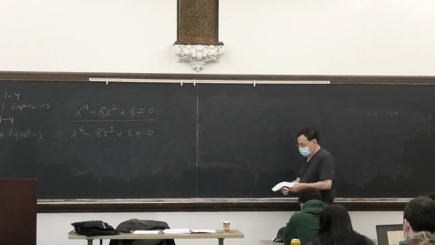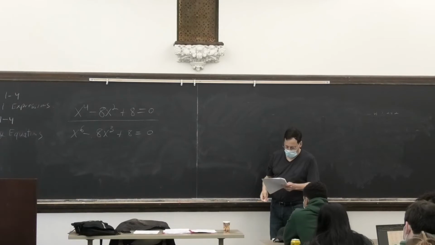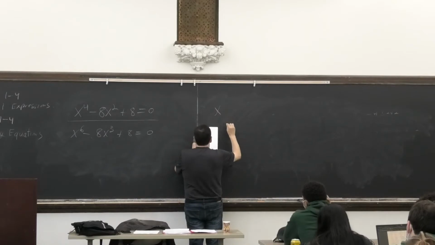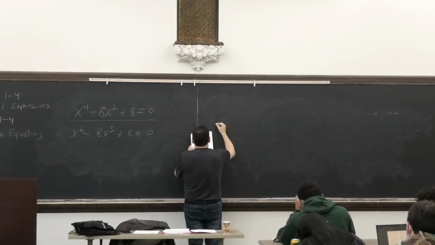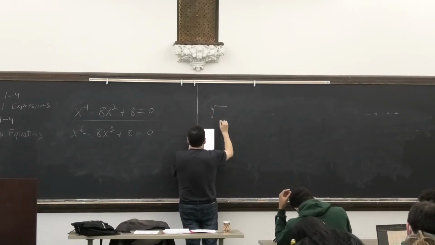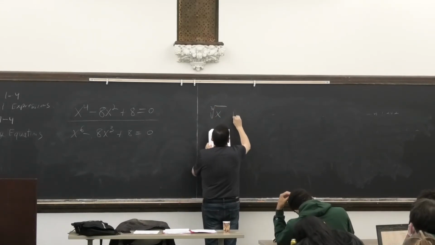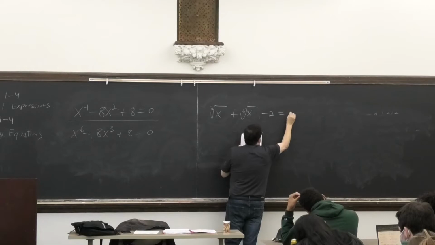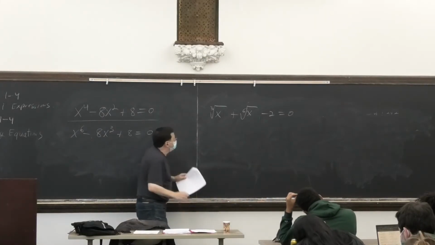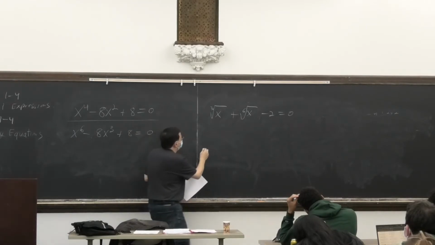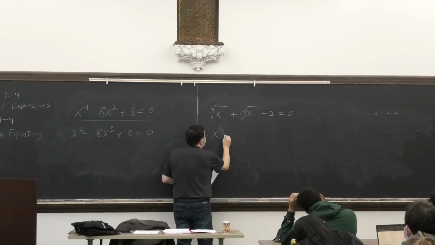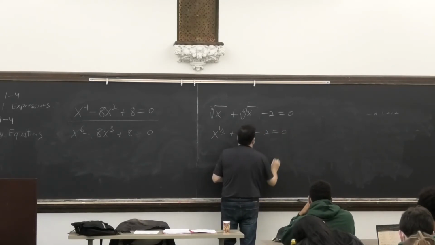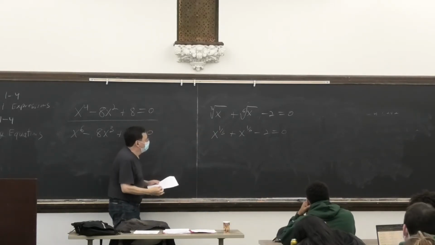Now, having observed that trick, you might want to see if you can apply it again to an equation like this. I'll write it this way first. Cube root of x plus the sixth root of x minus 2 equals 0. Well, it certainly would help to write this as x to the 1/3 plus x to the 1/6 minus 2 equals 0.